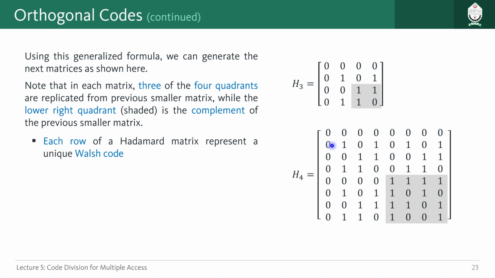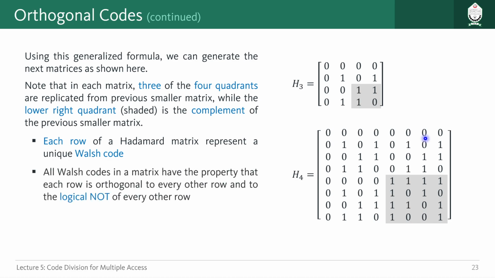So we have 1, 2, 3, 4, 5, 6, 7, 8, 8 Walsh codes generated from this particular matrix, and each of these codes has the length of 1, 2, 3, 4, 5, 6, 7, 8. So 8-bit long codes, and such 8 codes we have from this particular matrix. These are all Walsh codes.